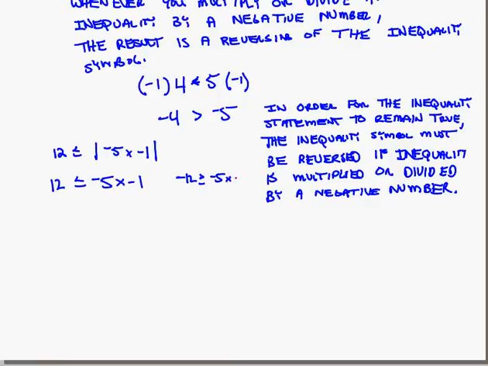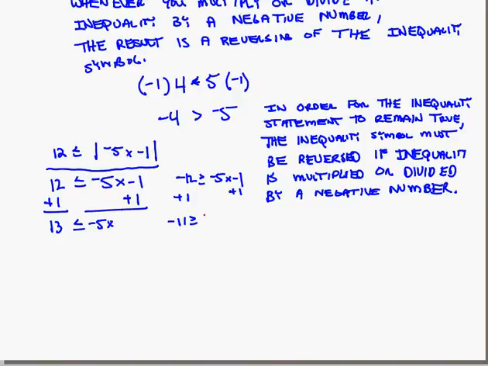Okay, so let's go ahead and work that. So first thing I'm going to do is add 1 to both sides of the inequality. So now I have 13 is less than or equal to negative 5x. And here if I add 1 to both sides of the inequality, I get negative 11 is greater than or equal to negative 5x. Now the next step, in order to isolate x, I'm going to divide by negative 5.